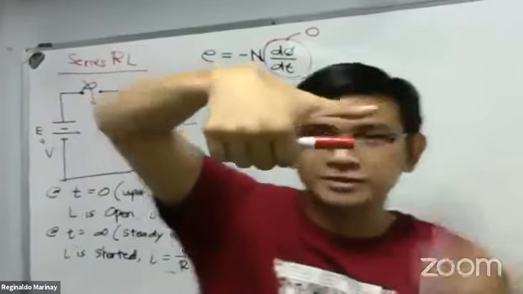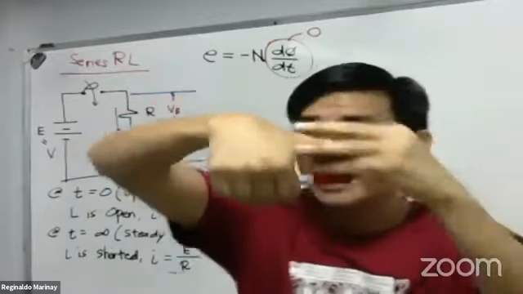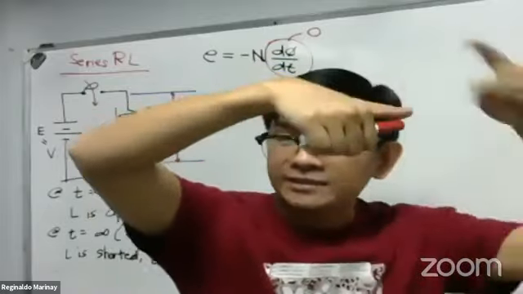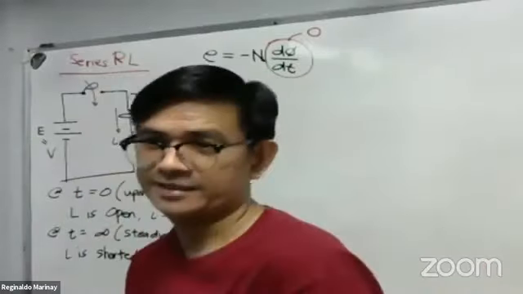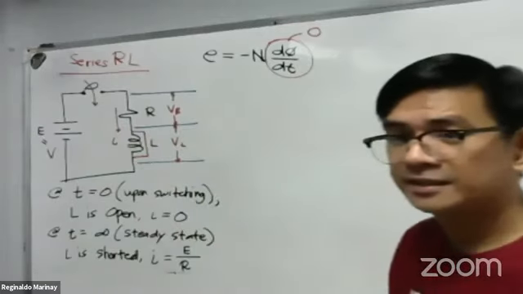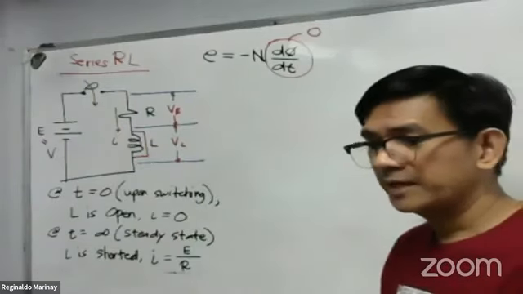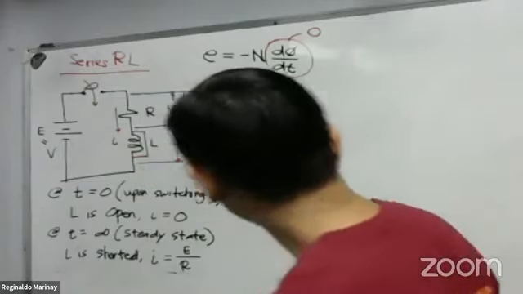More current, more magnetic flux. That is directly proportional. The magnetic flux is dependent on the current.